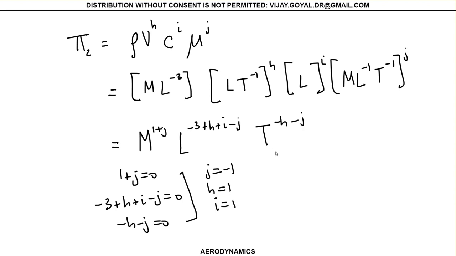So your equation pi 2 is nothing else than rho V c over mu. I'm sorry, the infinites don't go there. I'm not using infinite. So this is what your equation looks like.